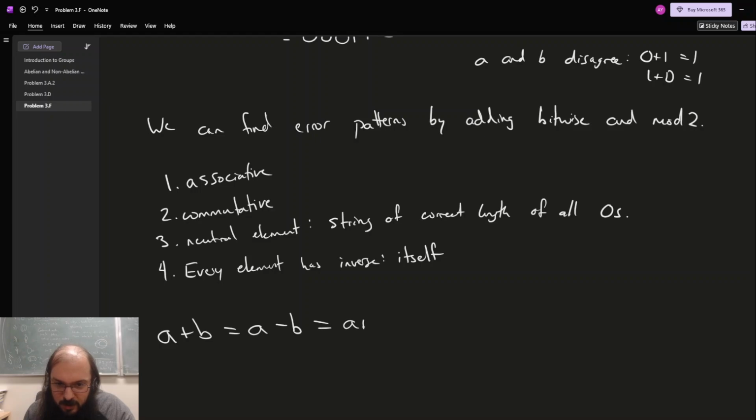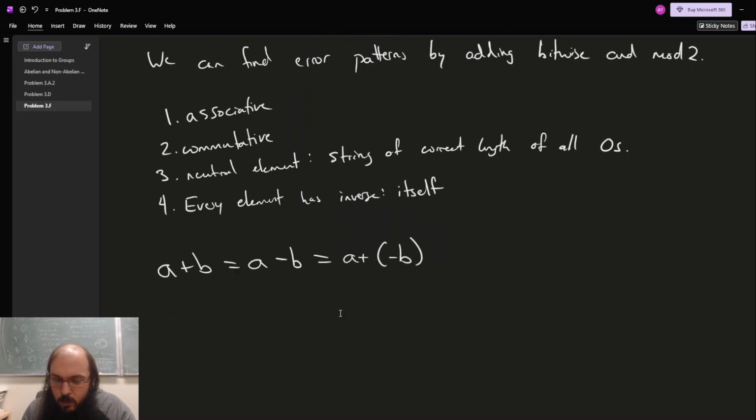He clarifies that this means A plus the inverse of B. When we write it like that, we can start to understand, because this means the inverse of string B. But we just said every element has an inverse, namely itself. B is equal to minus B. So of course this is true.